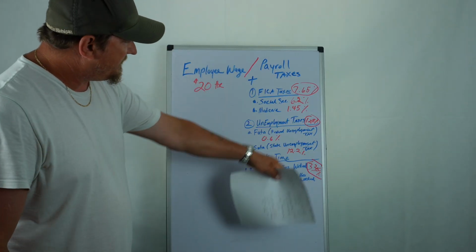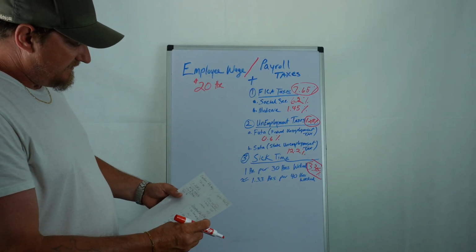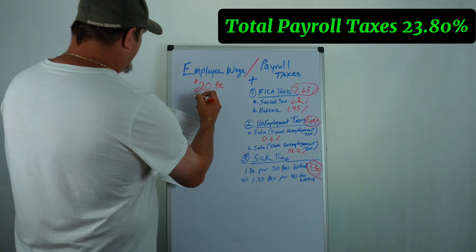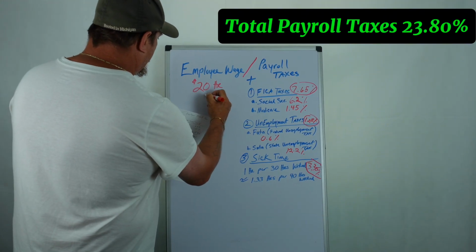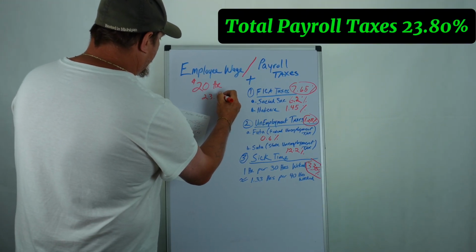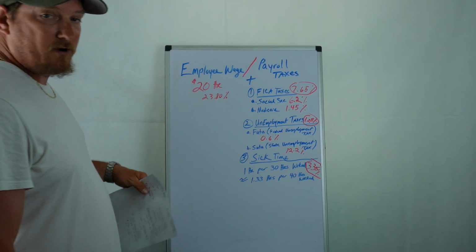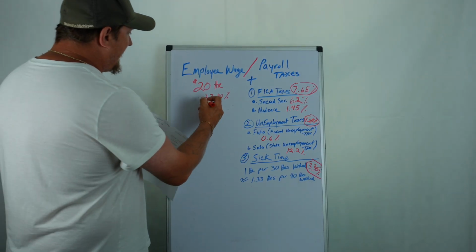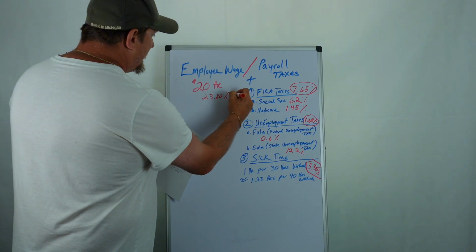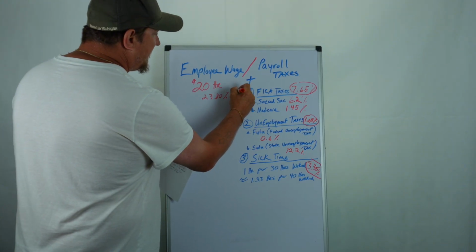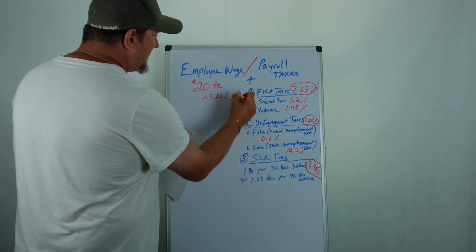Now you add those three up for the payroll taxes, that's a total payroll tax of 23.80%. Now that's almost 25%. That's a high percentage for payroll. We'll put PT for payroll tax.